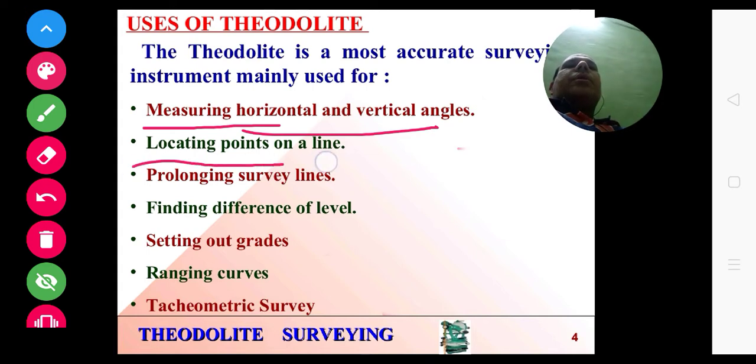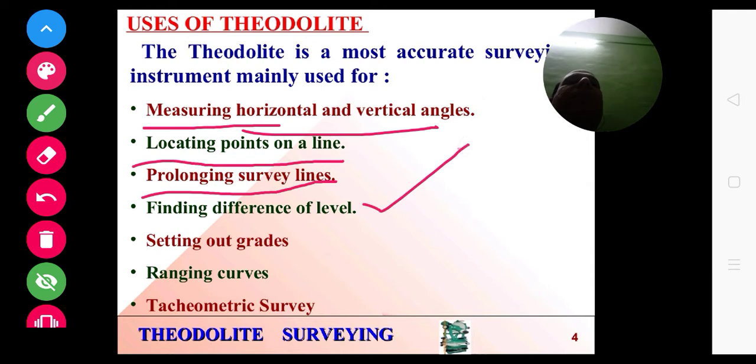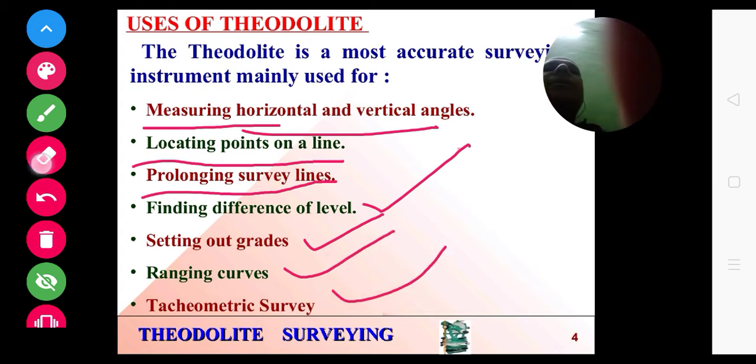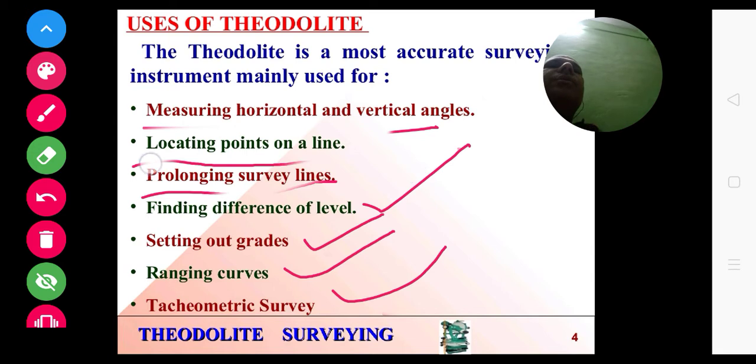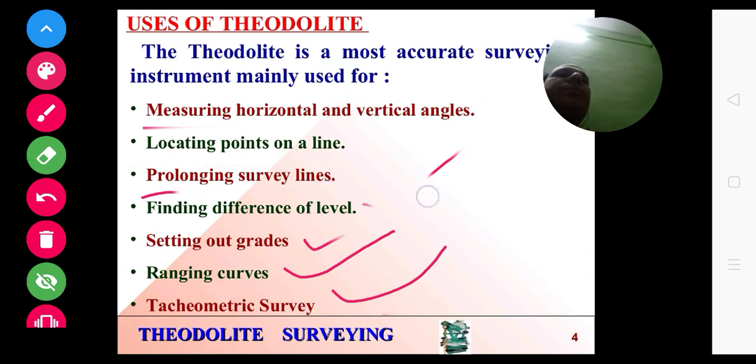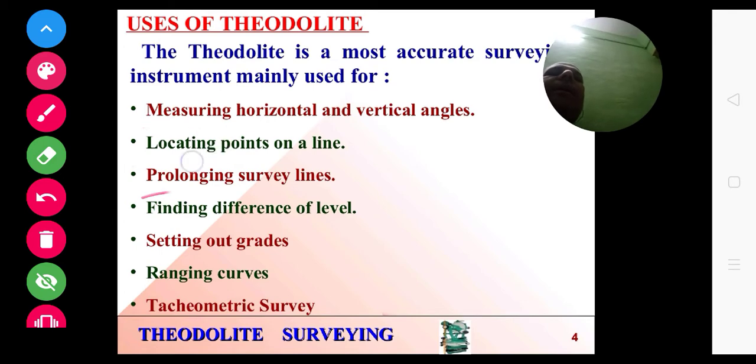Locating points on the line, which is nothing but prolonging the survey lines, finding the level, this is in the tachyometer. Setting out the grades of contour, arranging curves, tachyometric survey. These are the different uses of theodolite, out of which we have to use it for the measurement of horizontal angle, vertical angle, and measurement of deflection angle.